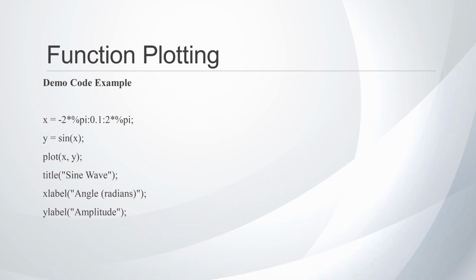The plot(x,y) command generates the sine wave. We add a title using title and label the axis with xlabel for the x-axis and ylabel for the y-axis. This code produces a clear and labeled sine wave graph, making it easy to understand the function visually.